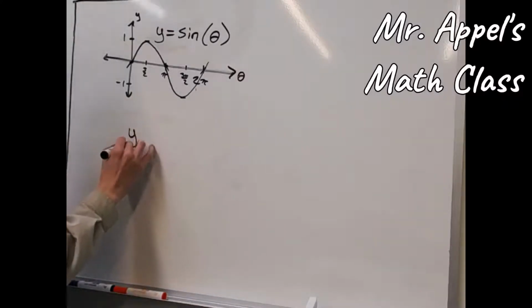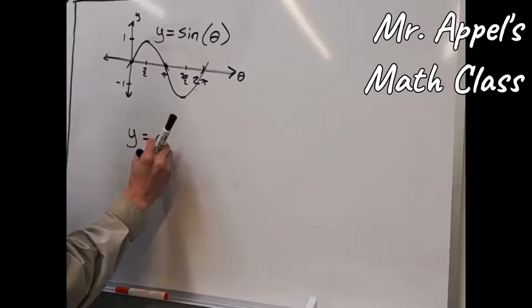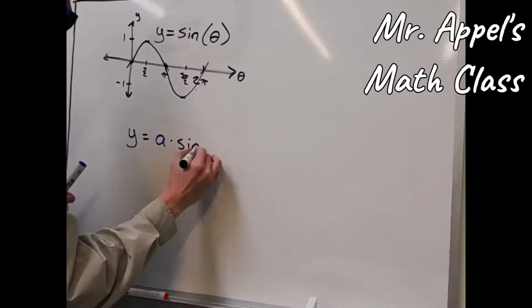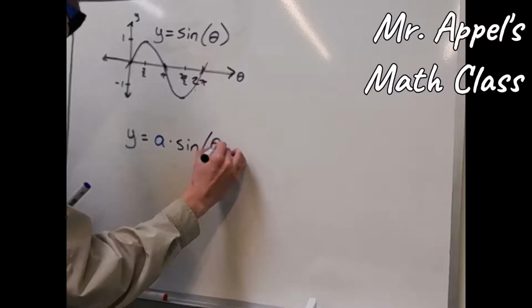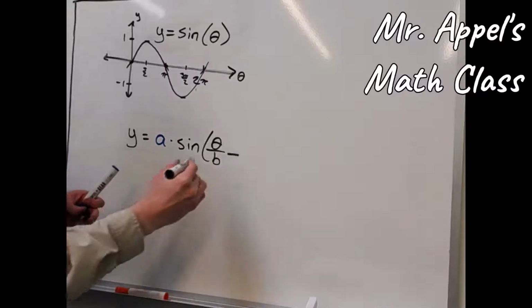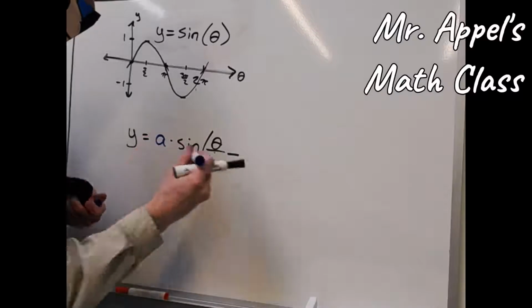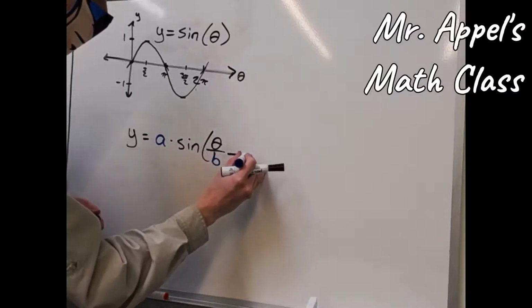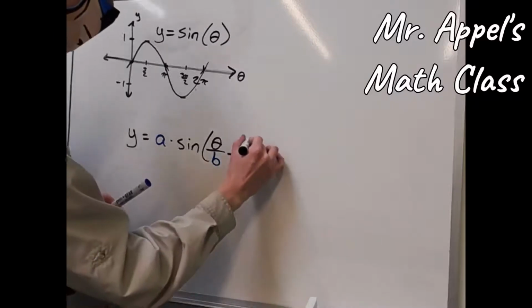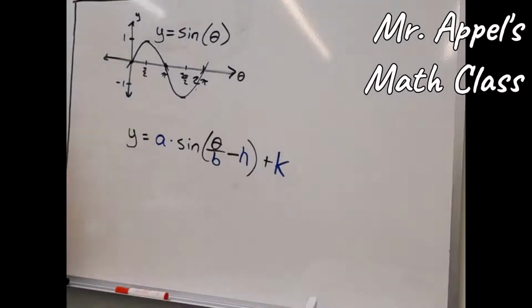Let's do y equals a times sine of theta over b minus, let me color code these here, h plus k.